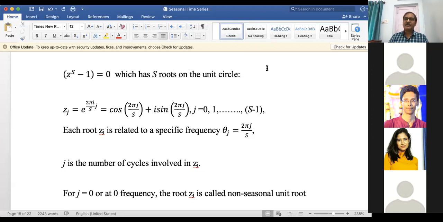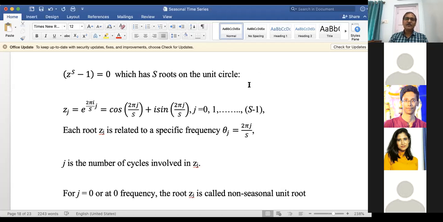Unit circle means you have to draw an imaginary, hypothetical circle with radius equal to 1. In that case, the value of the root will be 1. So the concept of unit root is related to the trigonometric function in this way.